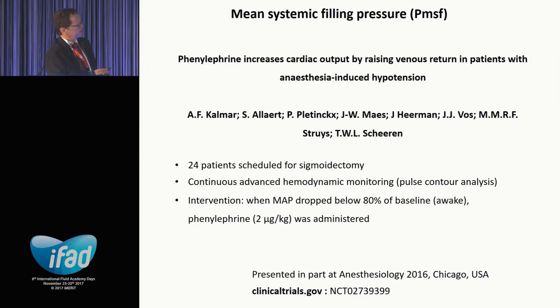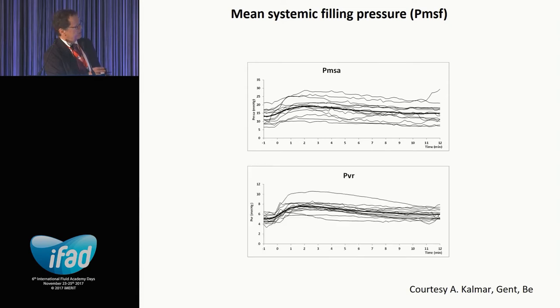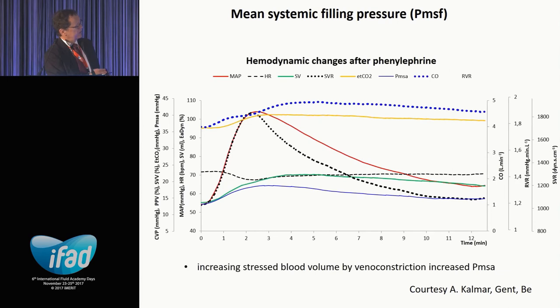And we have another study going on with colleagues here in Belgium, in Gent, where we looked in preload-dependent patients and gave them phenylephrine. If you give phenylephrine, which is a vasoconstrictor, also on the venous side, you can increase this mean systemic filling pressure, and this would also lead to an increase in this pressure for venous return, which then would, as you would expect, lead to an increase in cardiac index.